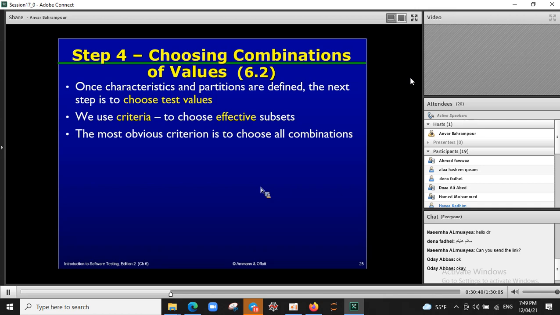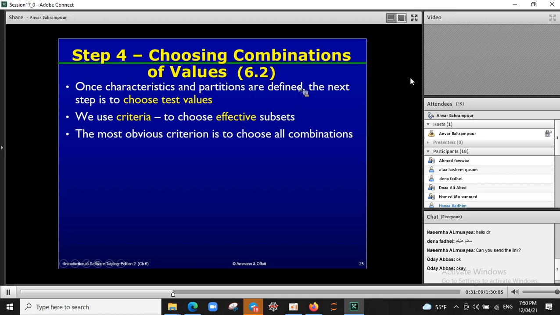Okay, so we want to talk about how to choose combinations of values, or whether we have to test all combinations to test any program. Let's go and see how we could solve this challenge, how we could solve this problem.